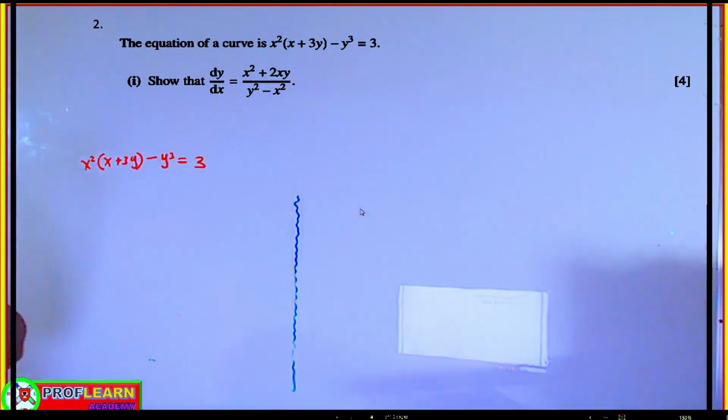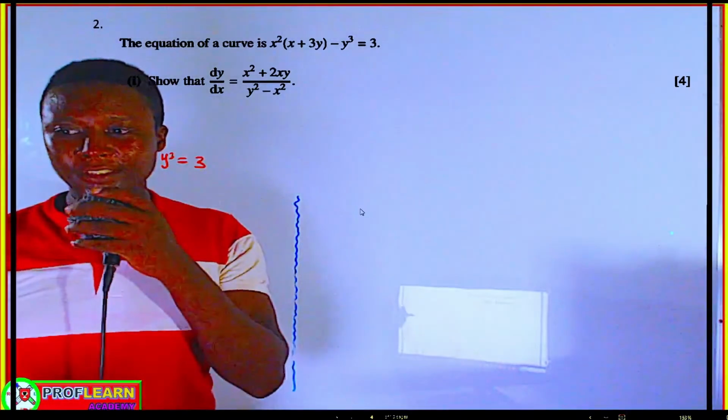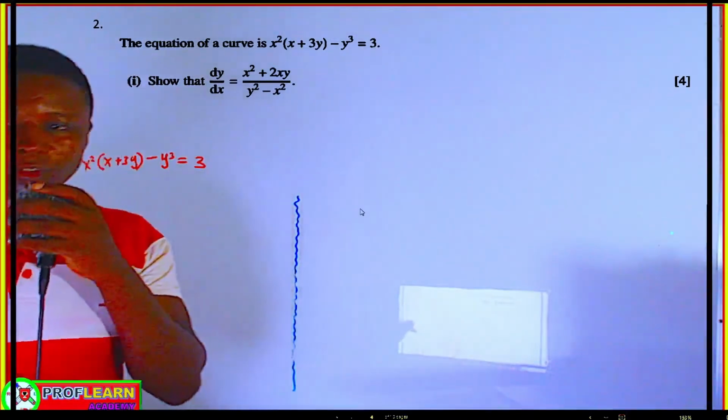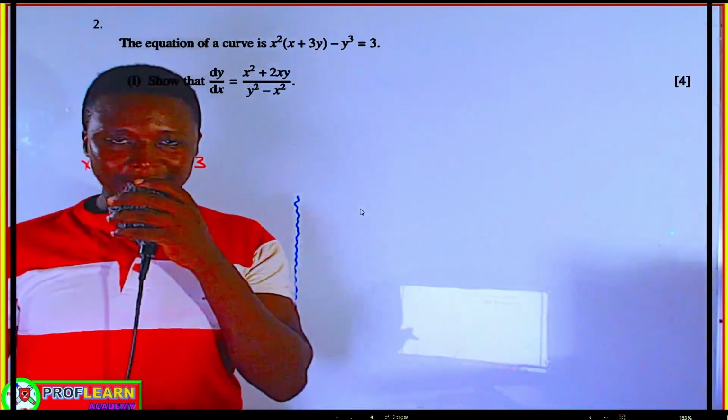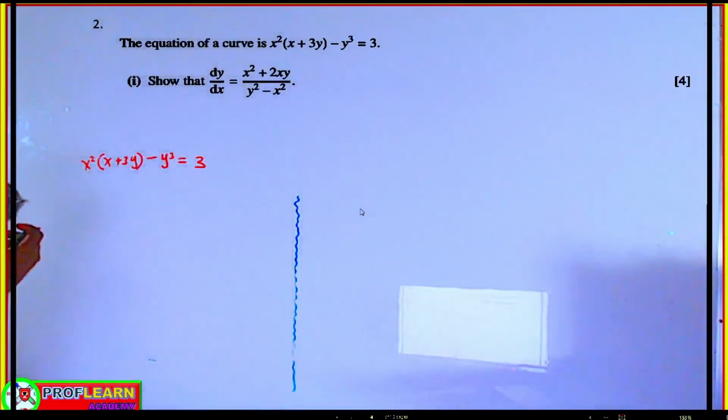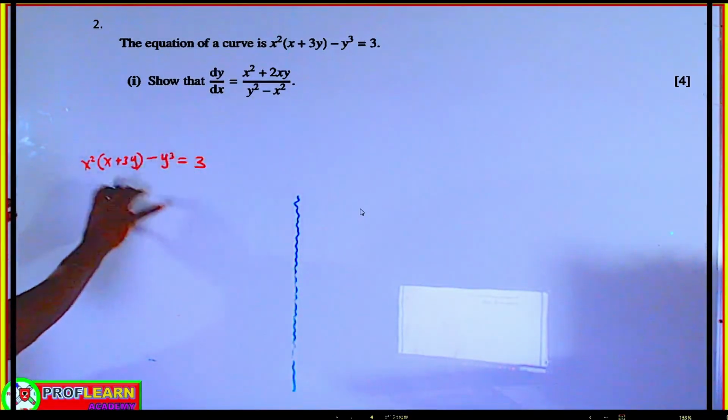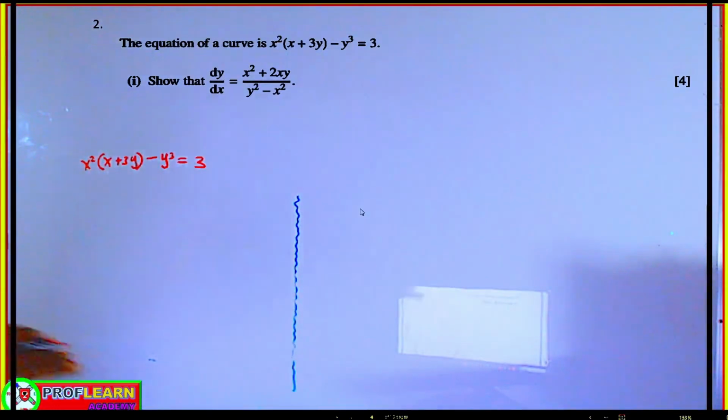We are supposed to show that dy/dx is equal to (x squared plus 2xy) over (y squared minus x squared). So we are going to perform implicit differentiation and see whether we arrive at the dy/dx they are telling us.